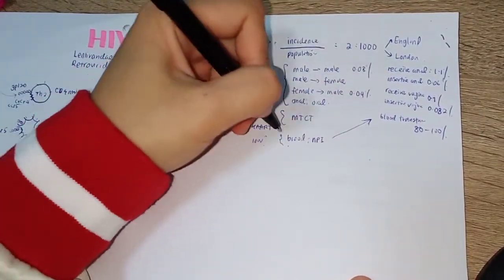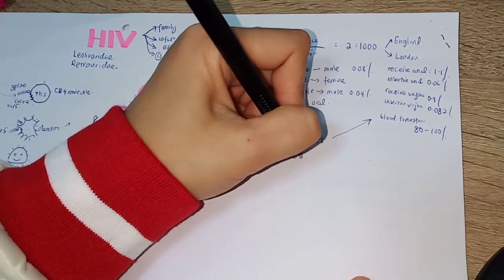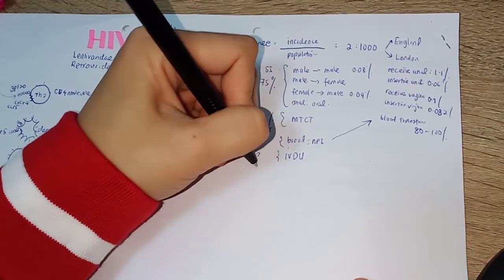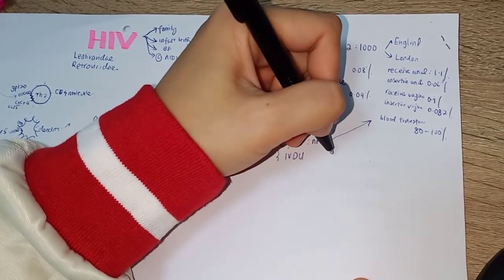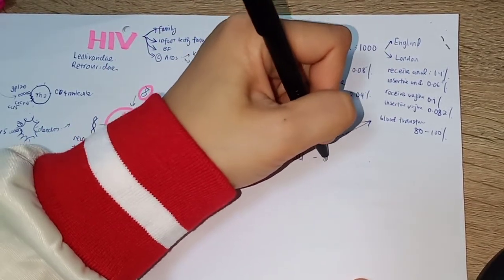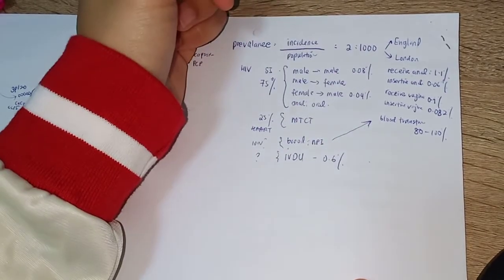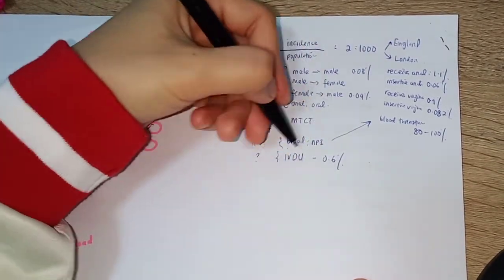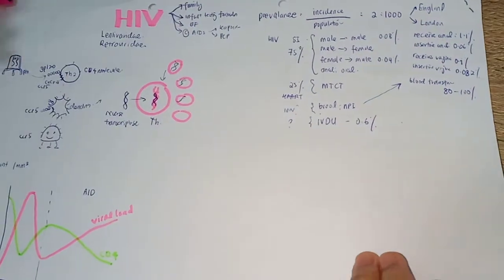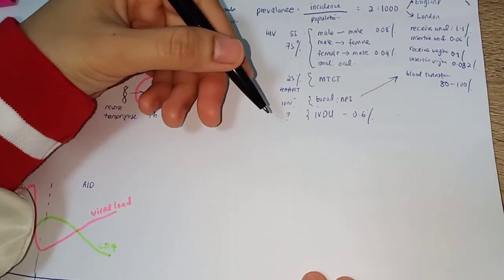For IVDU, I don't have the exact percentage here, but IVDU accounts for about 0.6% of infections. Okay, so that's for the prevalence.